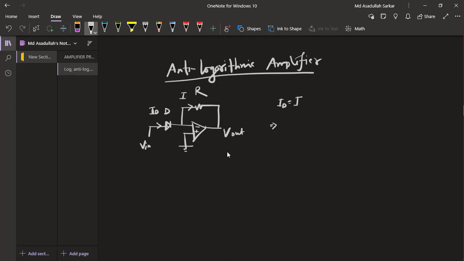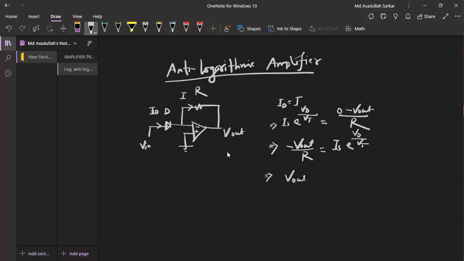What is the value of ID? ID is Is exponential VD by VT, and the current I is 0 minus V output by R. So V output by R is equal to Is exponential VD by VT with a negative sign.